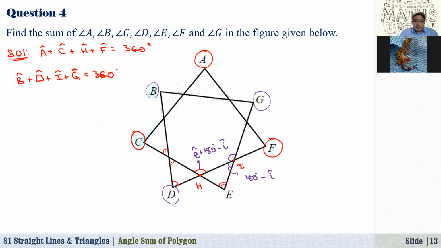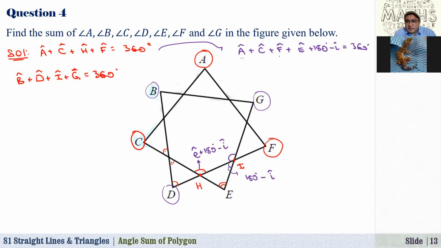So now instead of H, let me just write here. Here we have angle A plus angle C plus angle F plus H. Instead of H, I can write angle E plus 180 minus I. That's equal to 360 degrees.